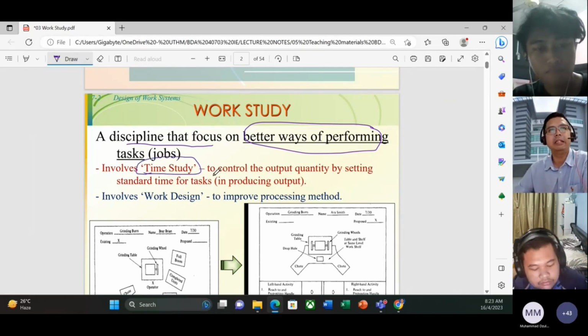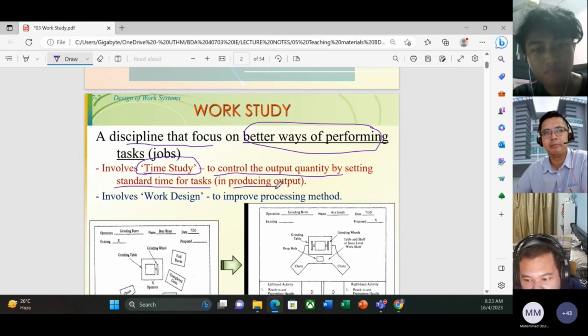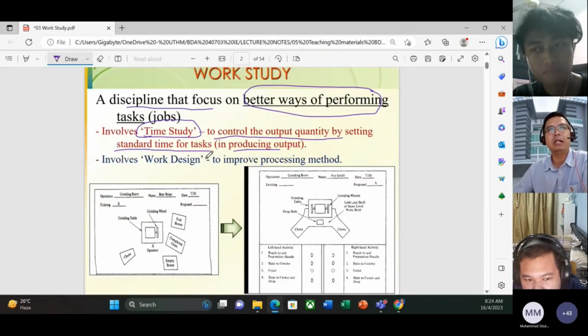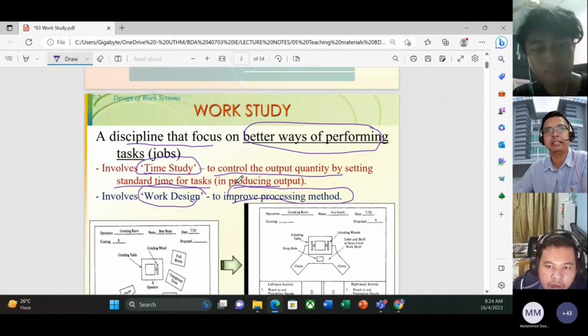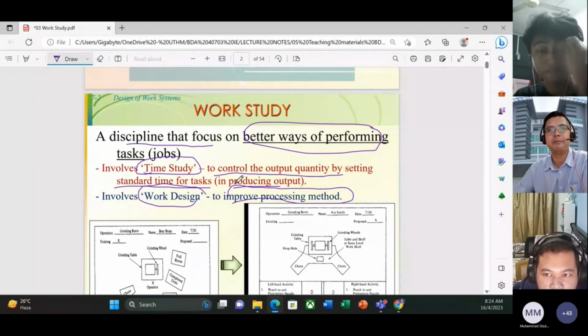Time study is to control the output quantity by setting a standard time for the task in producing the outputs. Meanwhile, for the work design, we want to improve the processing methods. So this is the difference between a time study, work design, and generally what a work study is.